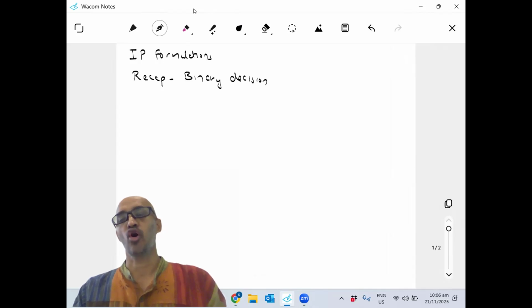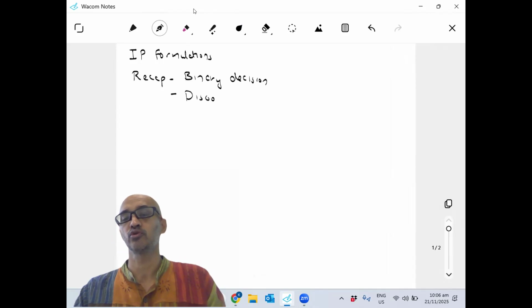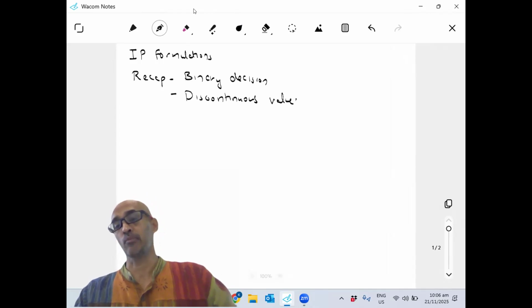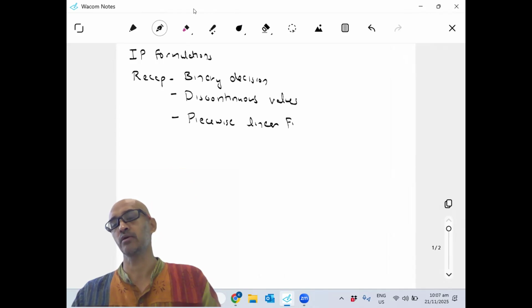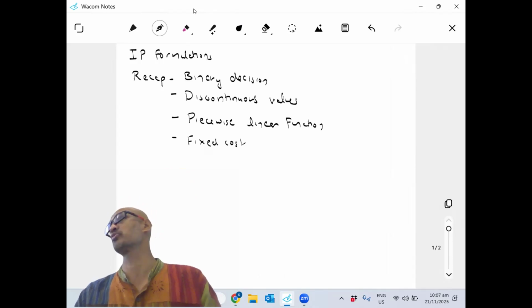We saw that discontinuous values can be modeled using integer linear programming. We saw that piecewise linear functions can be modeled using integer programming. We saw that fixed costs can be modeled using integer programming.